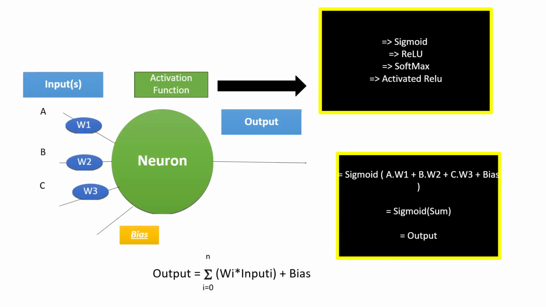A neuron has its own components. So X1, X2, X3 are nothing but the inputs to the neuron. W1, W2 are nothing but the weights to these inputs. We would have a detailed video on what weights and inputs are, but just imagine weights are nothing but kind of importance or weightage that you give to a particular input.